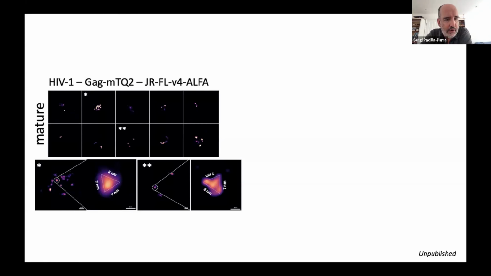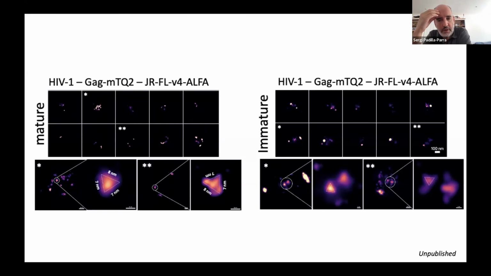And with the high resolution of DNA-PAINT, we can determine the size of single envelope glycoproteins, in both immature and mature particles. This is quite interesting as well, because as I said at the beginning of my talk, the native state of primary isolates for envelope glycoproteins tends to be closed.